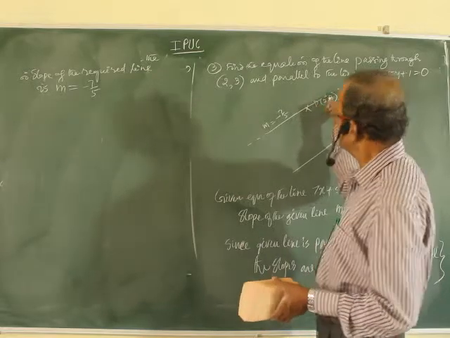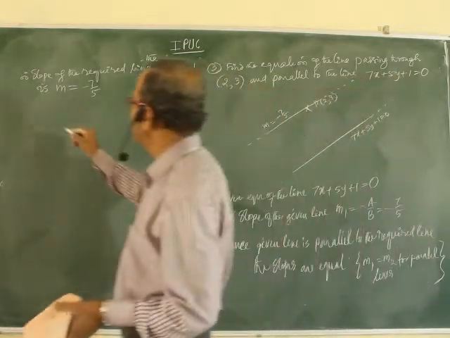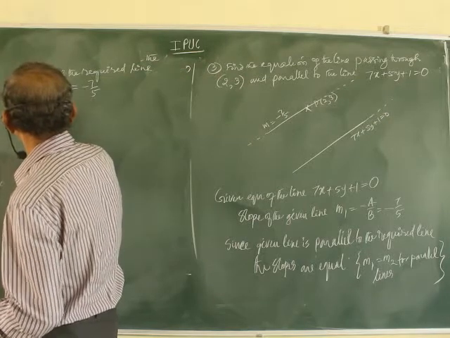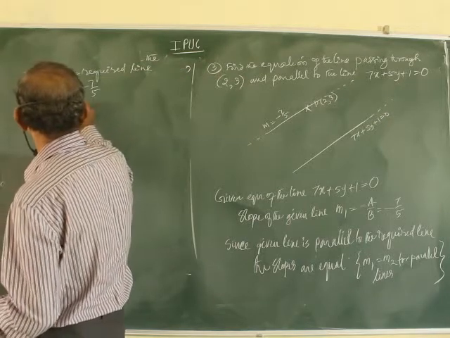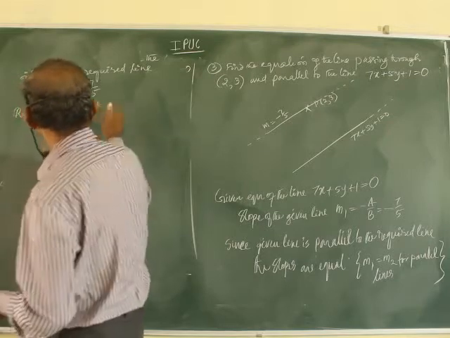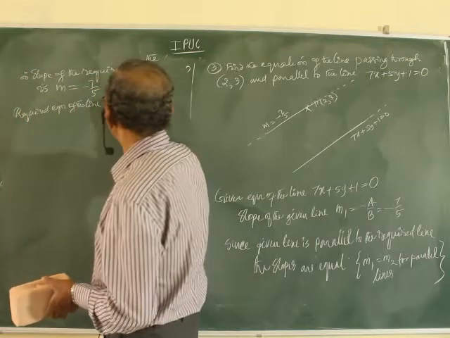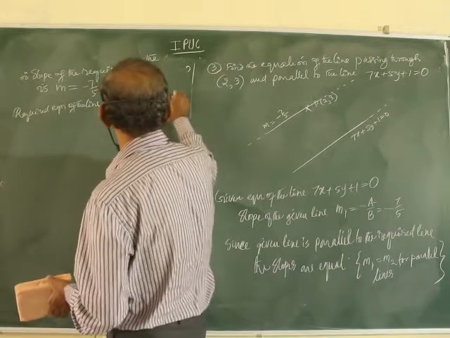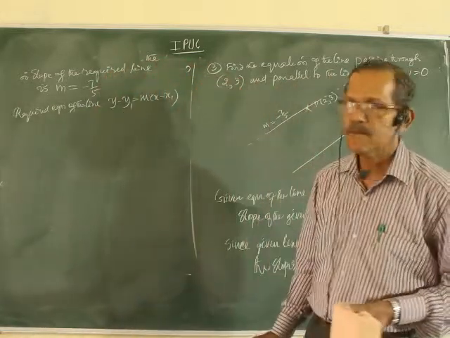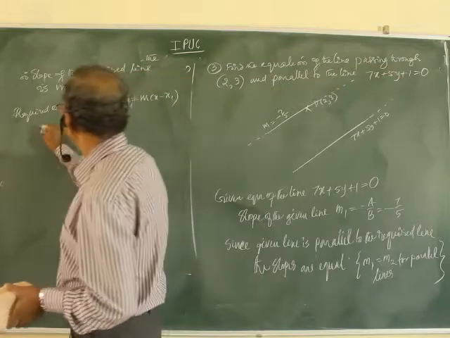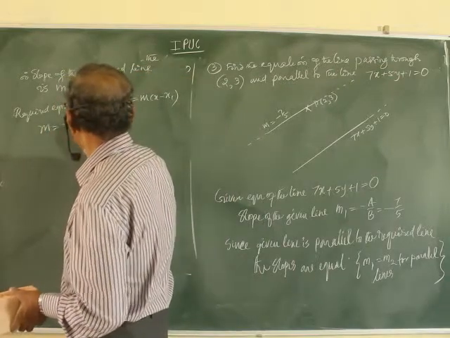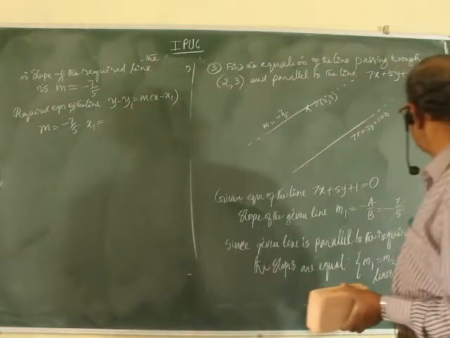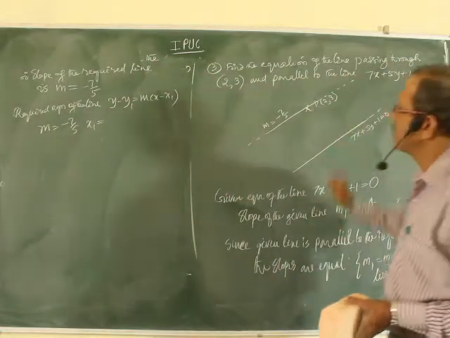So, the slope is obtained, same slope. The point is already given. Write the equation. Equation of the required line: y - y1 = m(x - x1). m is -7/5. x1 is 2, y1 is 3, since it passes through the point 2, 3.